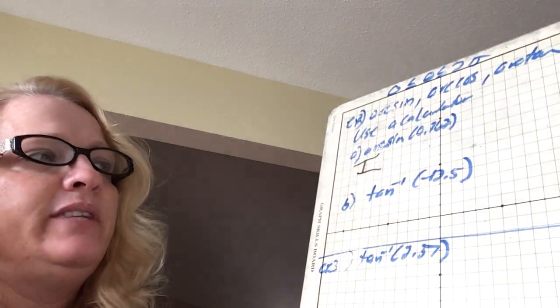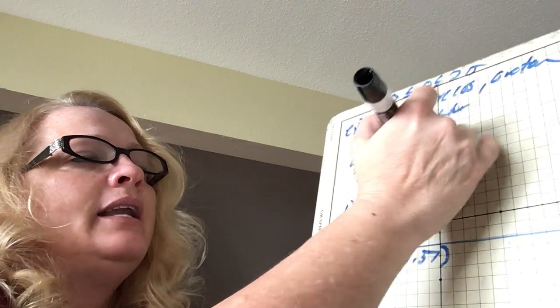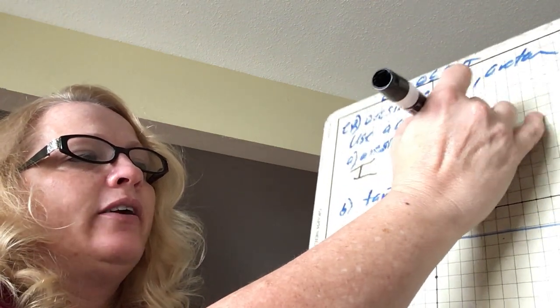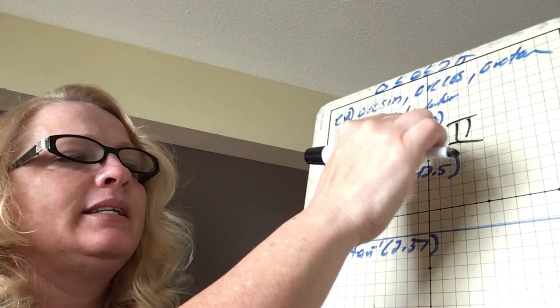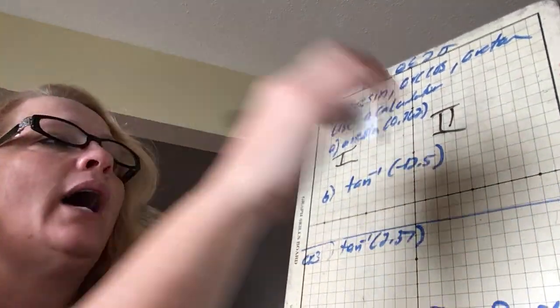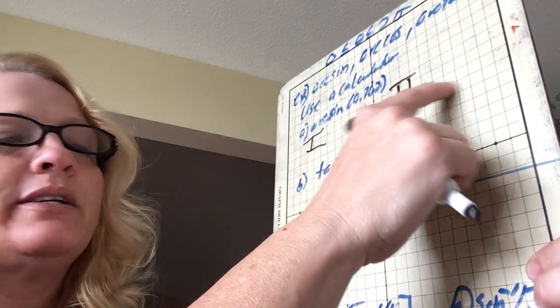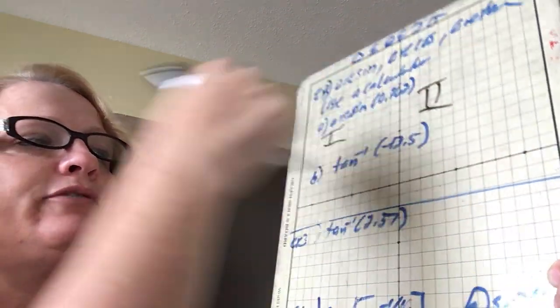That would be one of the answers. But, so whatever angle that is, now, shouldn't I have another answer from quadrant 2 because isn't sine positive in quadrant 2? So I would need to find the angle in quadrant 2 that uses this as a reference. Okay, so you should have 2 answers here.